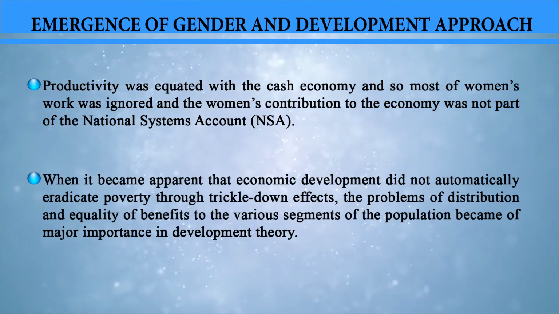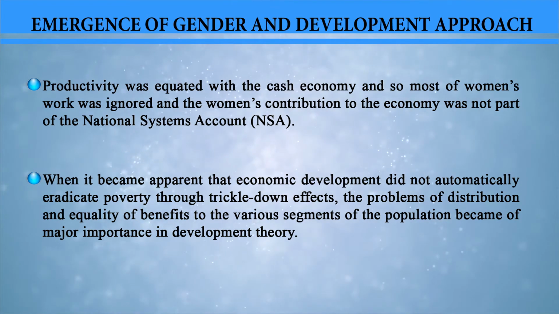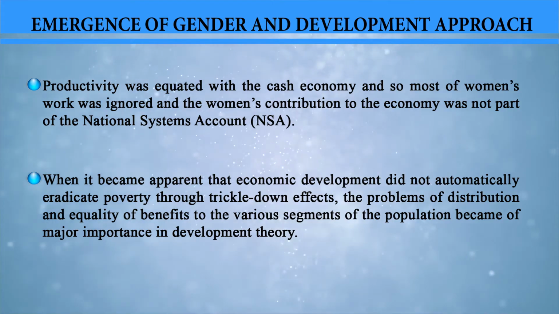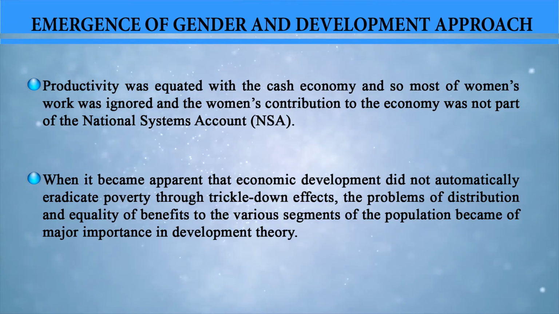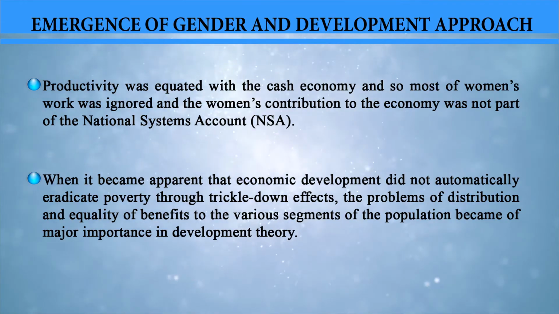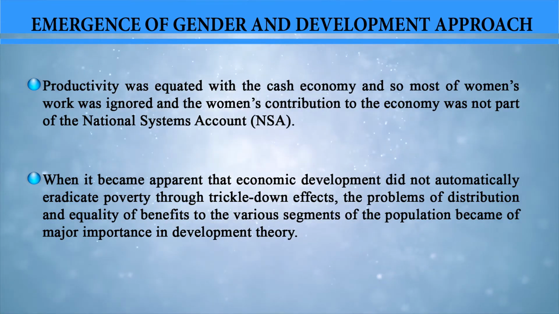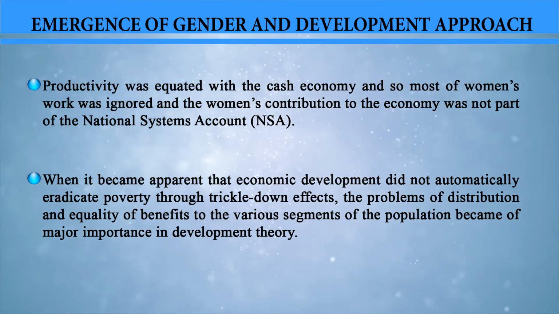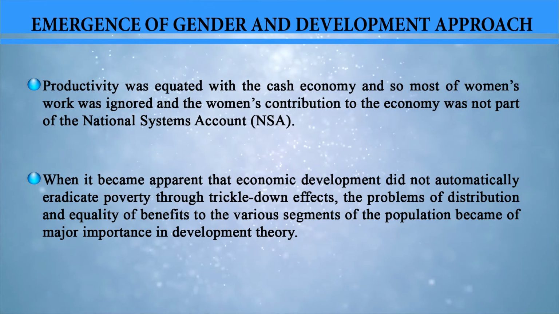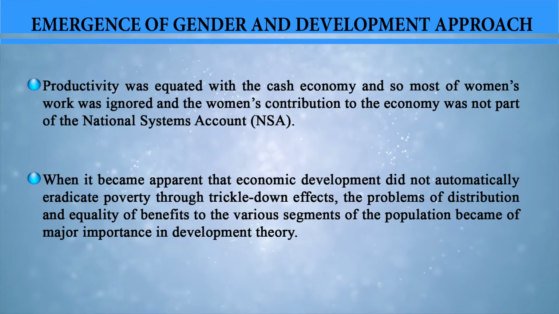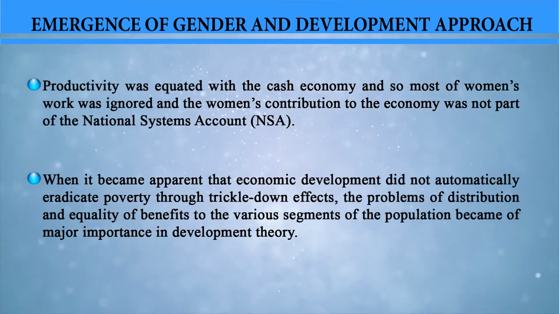It became apparent that economic development did not automatically eradicate poverty through trickle down effects. Economic activities are supposed to create more employment, so that everyone in society gets employment. In that way, we expect economic development to eradicate poverty and bring benefit to every segment of the population.